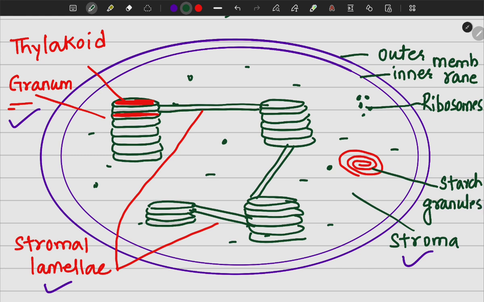So starch granules will be there, and some lipid droplets. So this is the structure of a chloroplast.